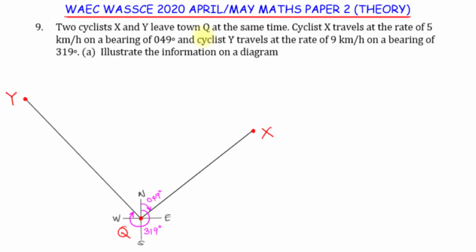Definitely the one running at 9 km per hour would have covered more ground than the one running at 5 km per hour. In short, my 5 km per hour line is way too long, because 9 is almost twice the size of 5, so I should have X somewhere here.